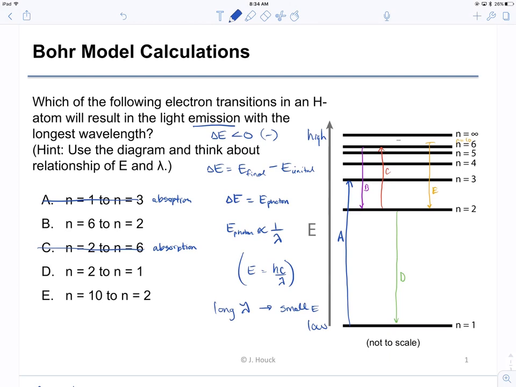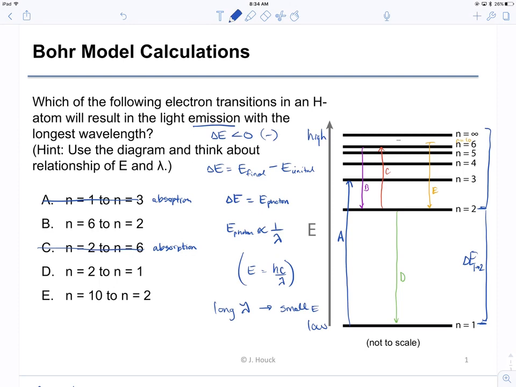What you have to keep in mind here is that the transition between n equals 1 to n equals 2, this energy of 1 to 2 is greater than the energy of 2 to infinity. So any transition involving energy level 1 is always going to be a larger magnitude than any other transitions possible.